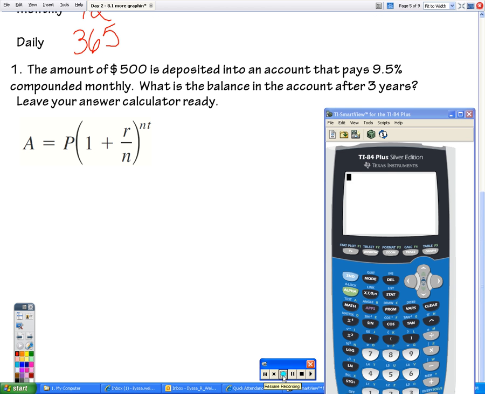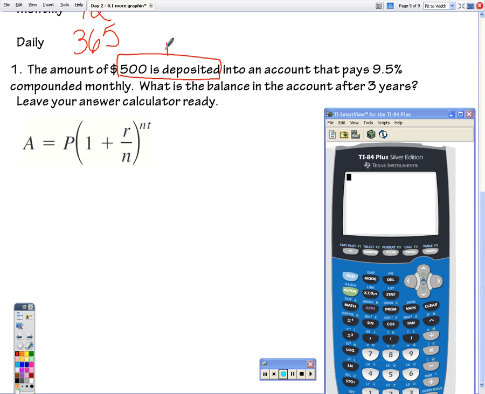So in this first problem, 500 is deposited. That's our principal, the initial amount that we put in the account. 9.5% as a decimal is 0.095. That's going to be our rate. Compounded monthly means that N will be 12.